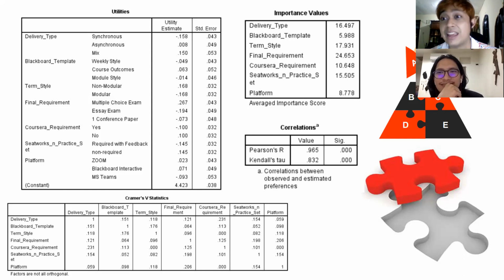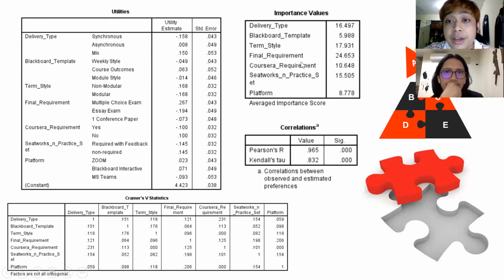I'm surprised that they like it more than the synchronous one, because for synchronous, we prepared a lot of things, and we prepare the time, just like regular class, but they don't like it. But actually they like the mix more. Mix is actually like the synchronous like this one, but with the recorded video. I recorded the class, so actually that's what they like.